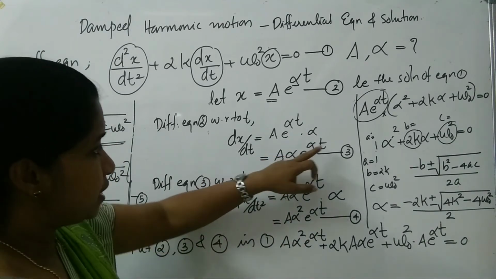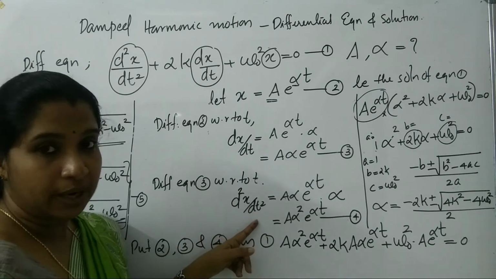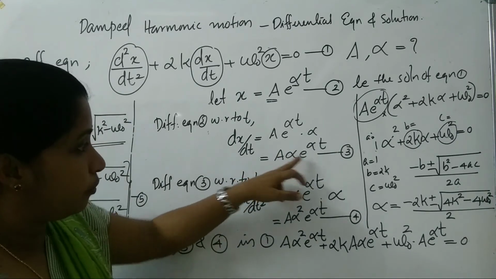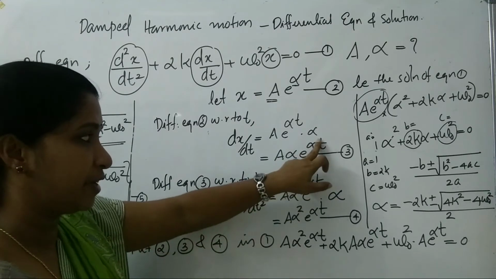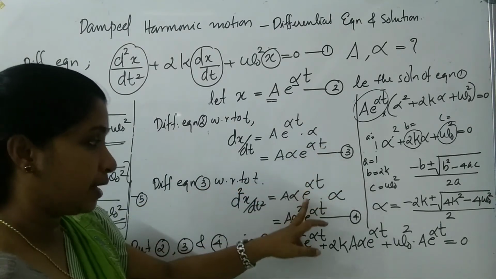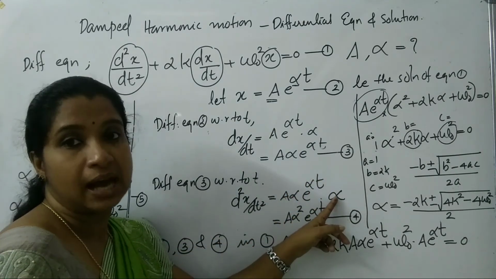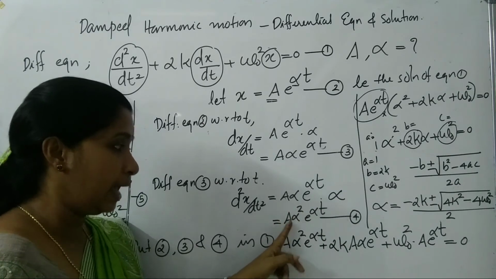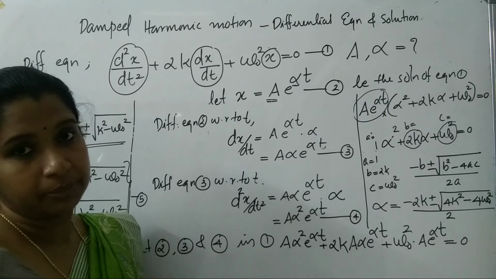Then differentiate this equation with respect to t again. So we get d square x by dt square. By differentiating this equation, a alpha is the coefficient, then by differentiating e raised to alpha t, we get e raised to alpha t itself into the derivative of alpha t, which is alpha. So a alpha square e raised to alpha t. This is equation number 4.